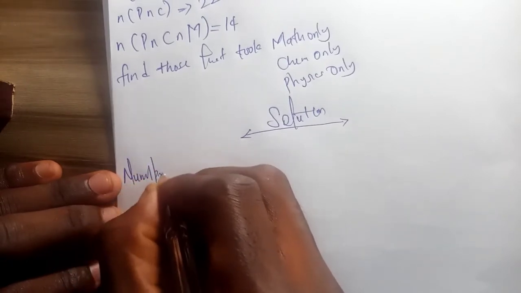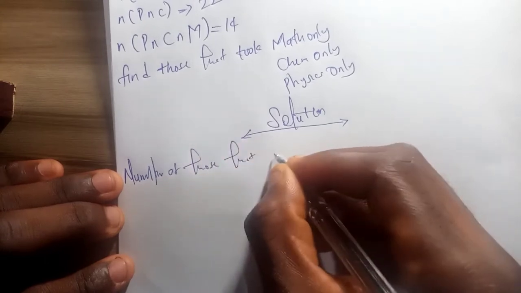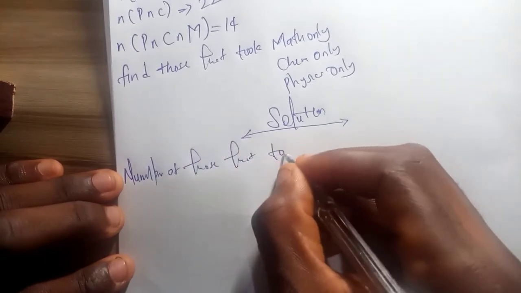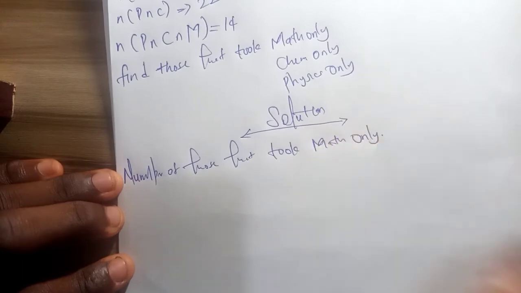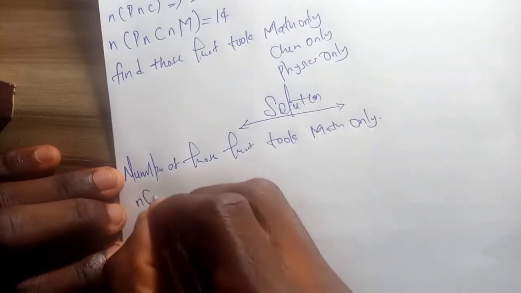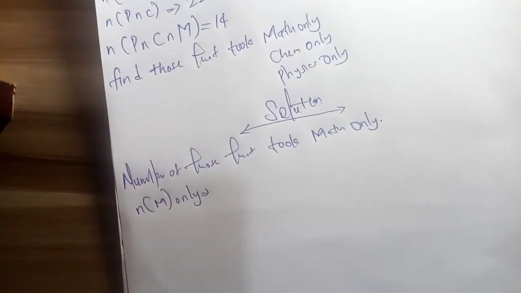The number of those that took math only, we want to find them. So the number of M only. This is the formula for when we want to find one particular object. I'm calling it object because I'm generalizing it. We want to find an object in set theory.